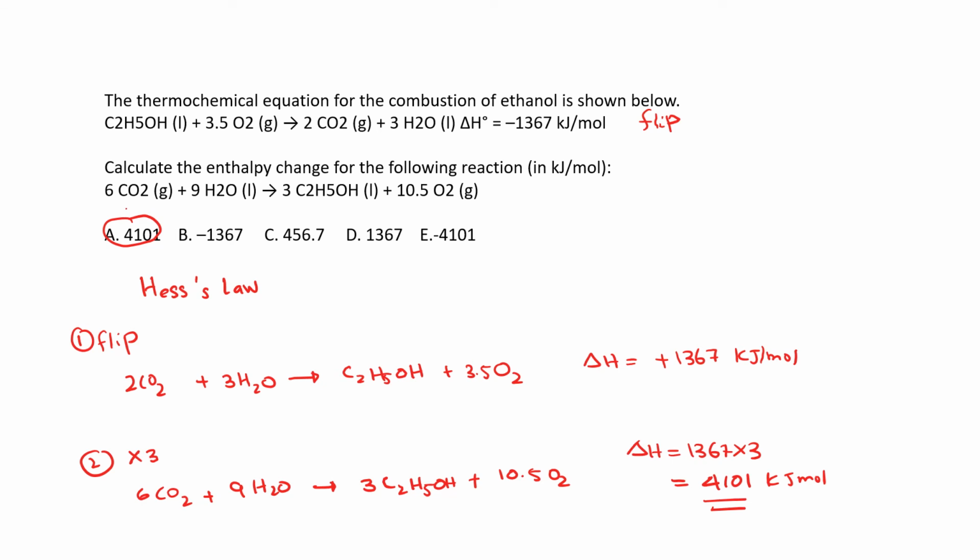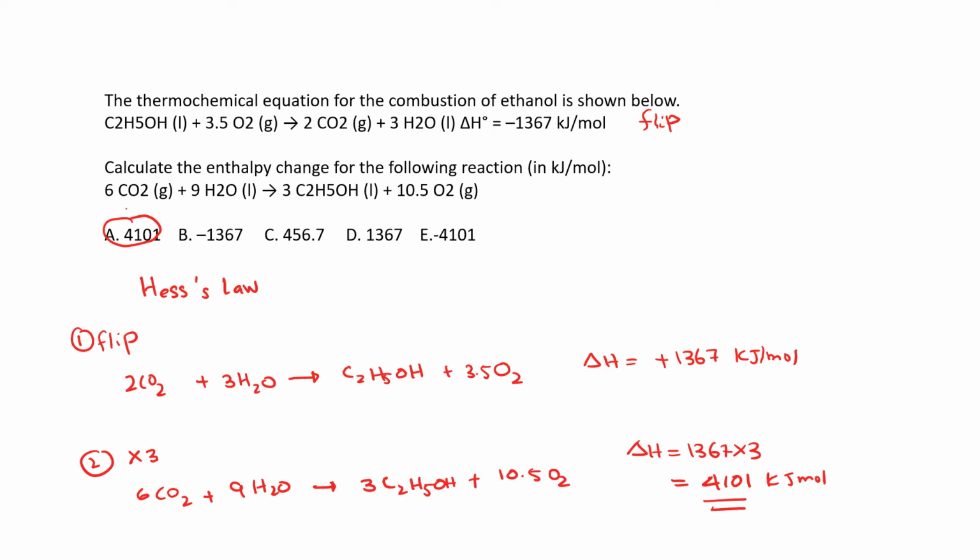The thermochemical equation for the combustion of ethanol is shown below. Calculate the enthalpy change for the following reaction in these units. So this is where you apply Hess's law.